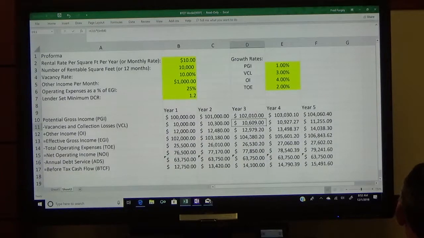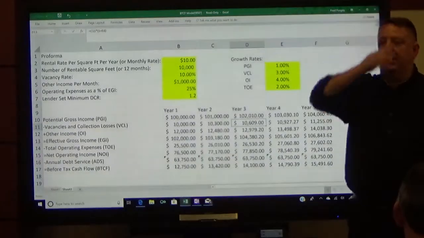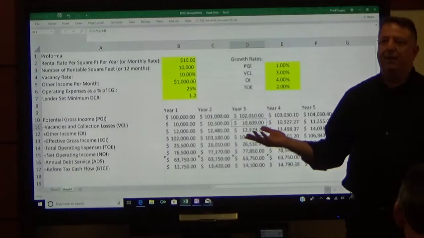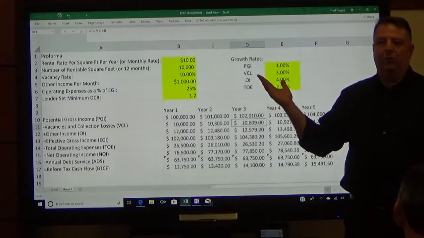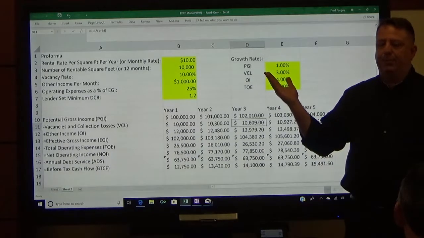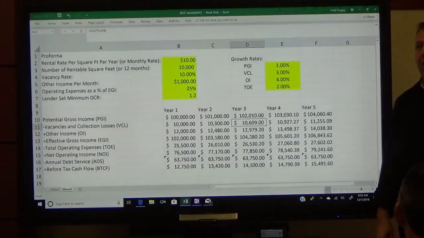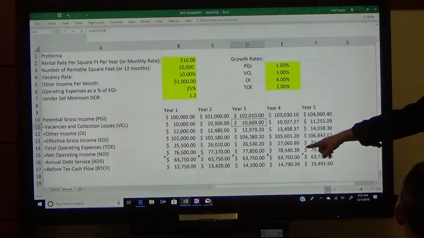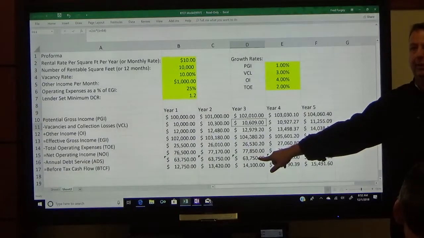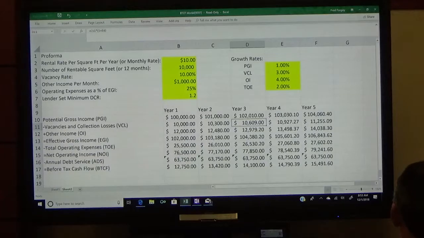But you can hard code those stair steps, or they can be tied to some sort of index. That makes it really unpredictable as to what those cash flows might be from one year to the next, because what happens if the market all of a sudden tanks? Then you could be left with lower rental income, which could impact your ability to pay your loan amount or your debt service. That index could be connected to the prevailing rate or something.